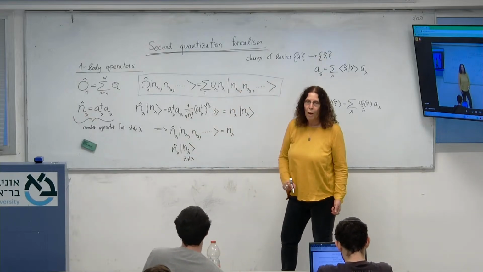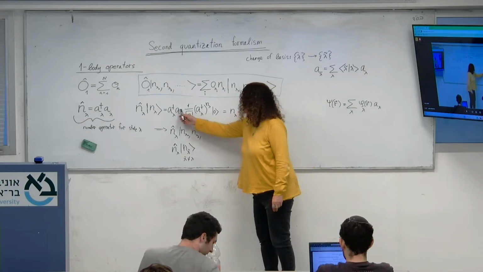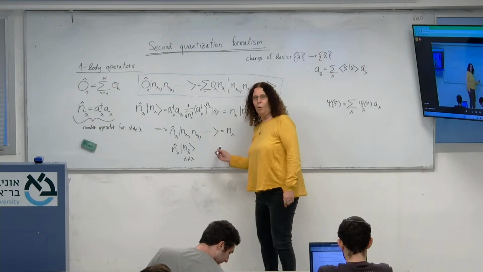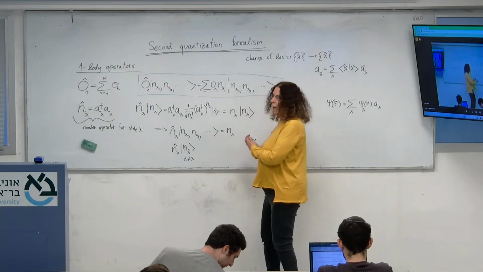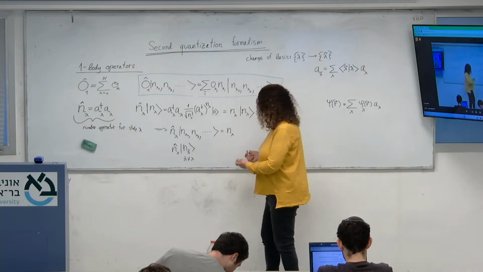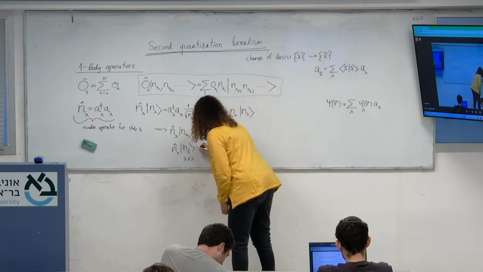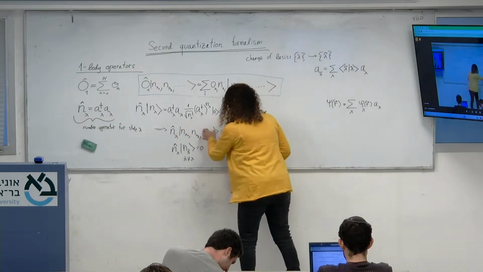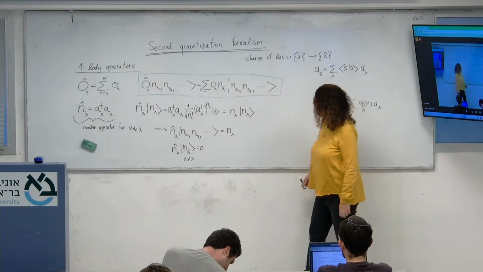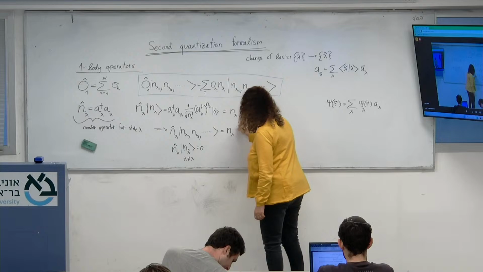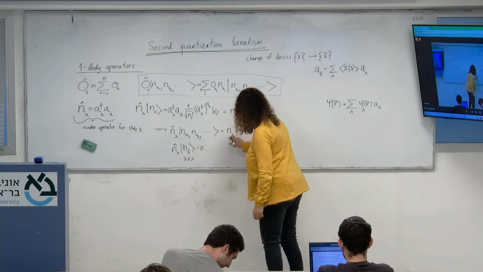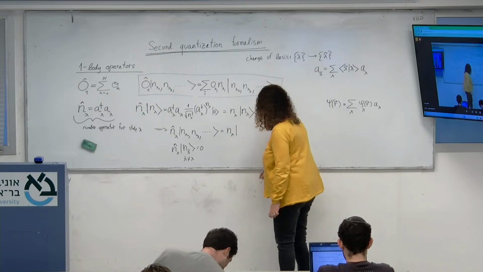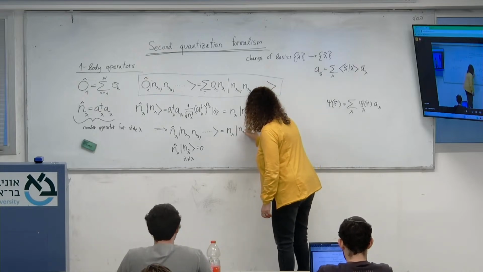I get 0, because then I can reshuffle the a lambda all the way to the vacuum without acquiring some finite commutator, and that will give me 0. And therefore, the only contribution I get is the occupation of the particular lambda i that is equal to lambda, times the same thing.